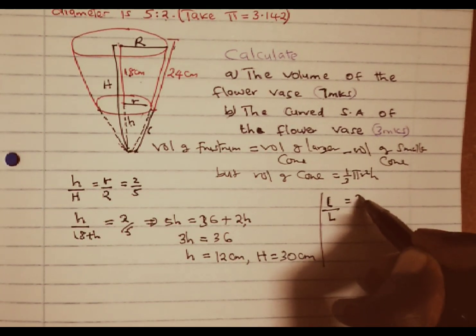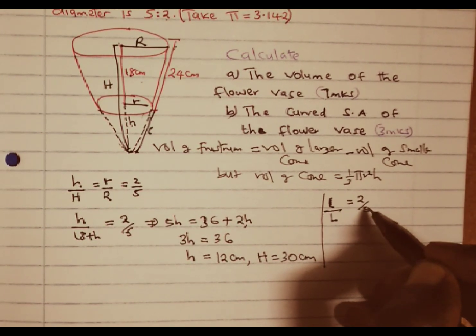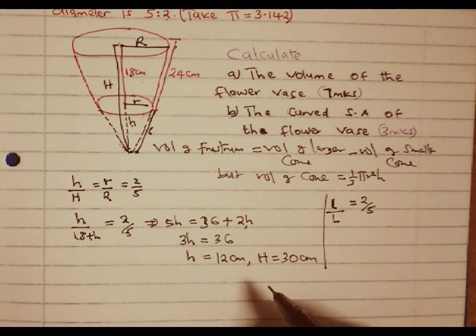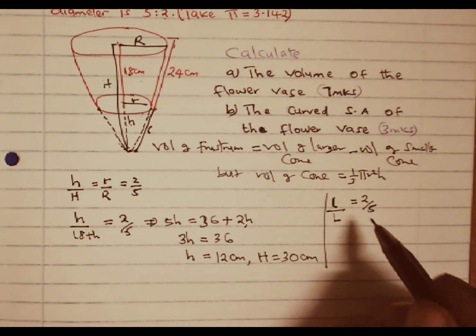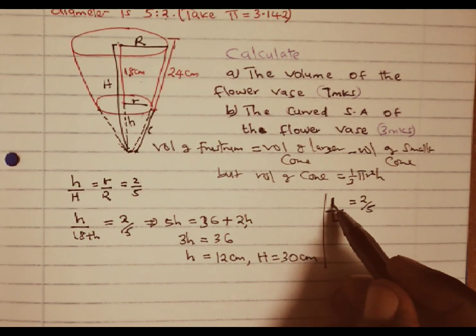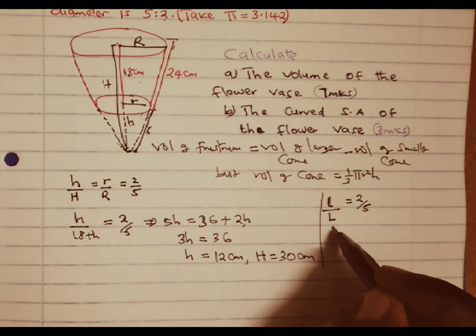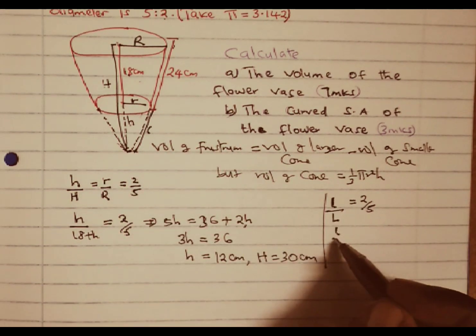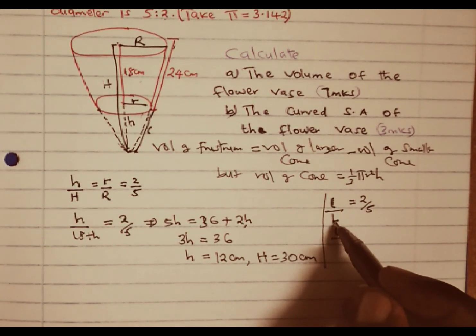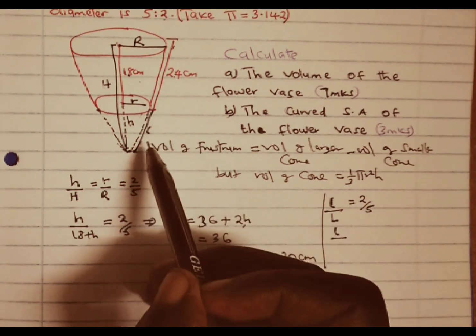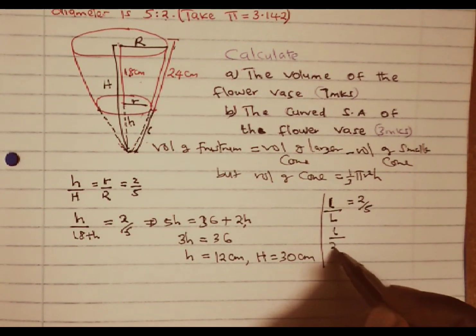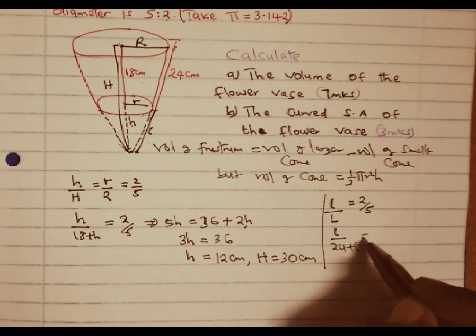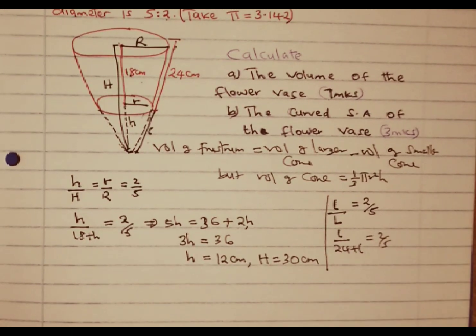This must also give us the ratio of the top to the bottom. We do not have the small slant length, so we divide it by the slant length of the original cone, which will be 24 plus the small l. This must give us 2 out of 5.